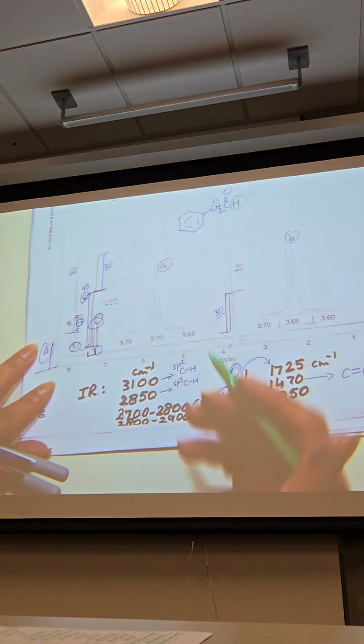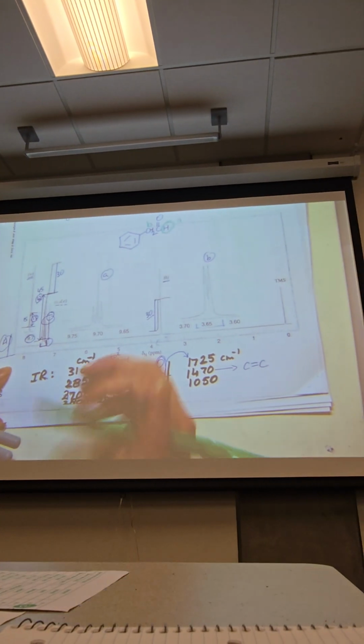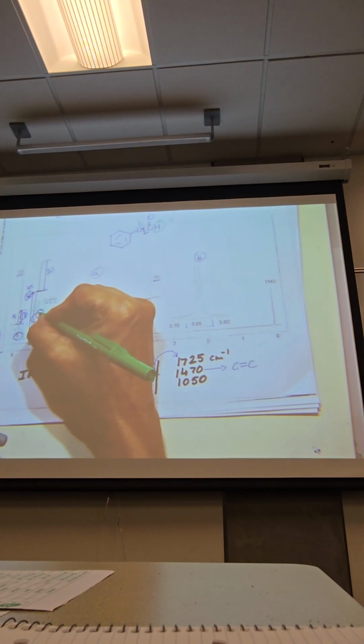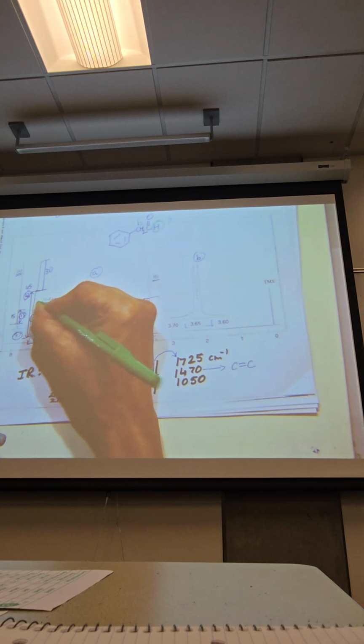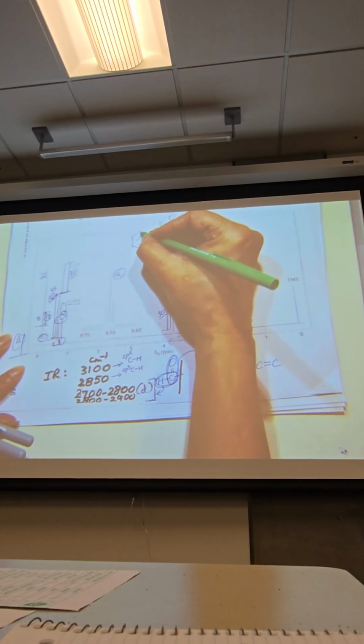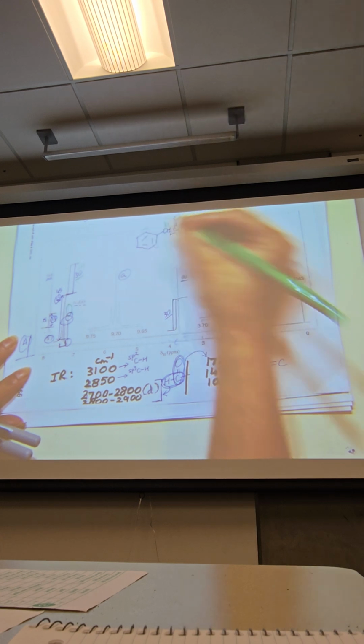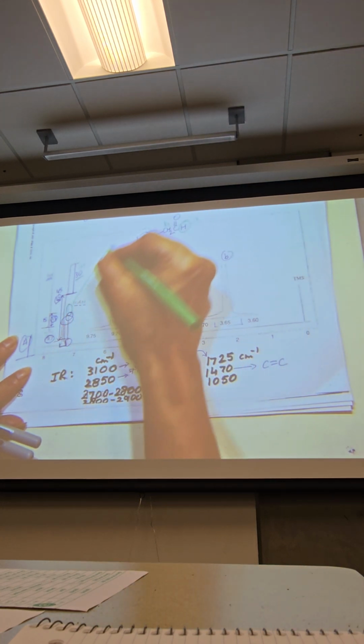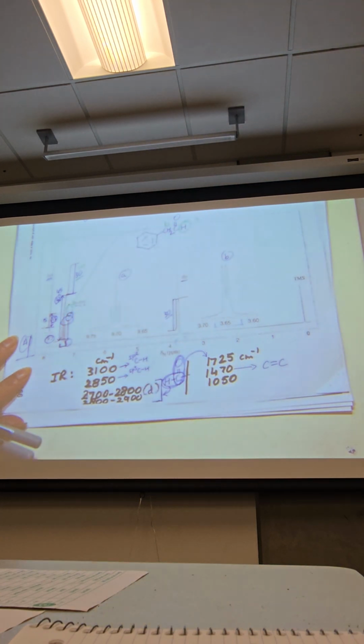So, here, exactly, but we can be a little bit more clear here. Do you see this signal right here, which was kind of separate, the one integrating for 2 hydrogens? These are these two. Whether you call it C or D or E, who cares? But those 2 hydrogens that are on the 2 positions either side of the CH2 are equivalent to each other.